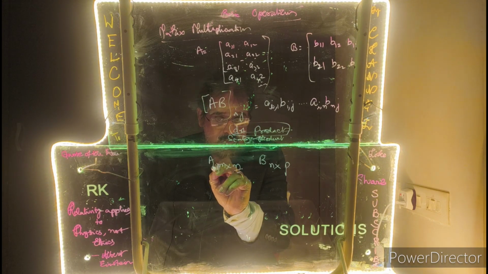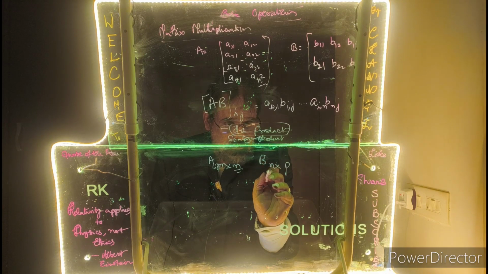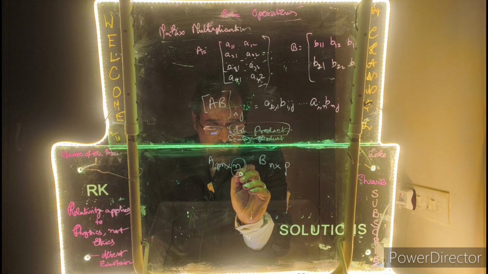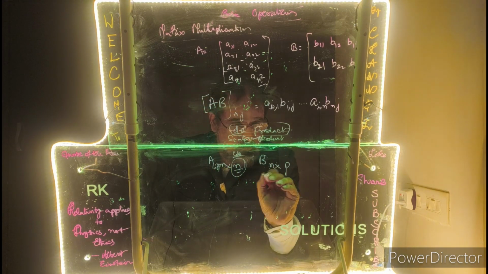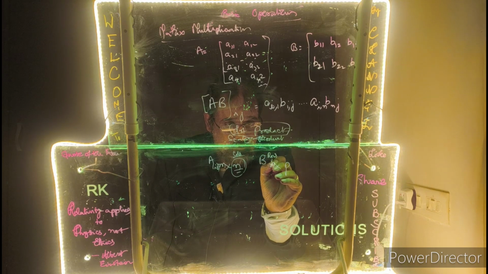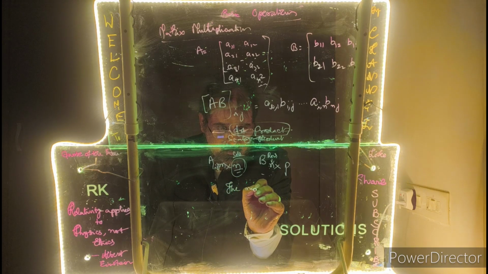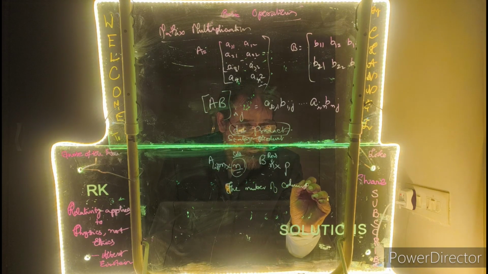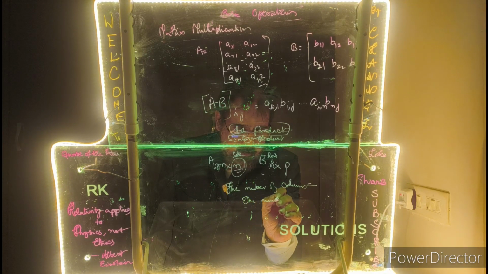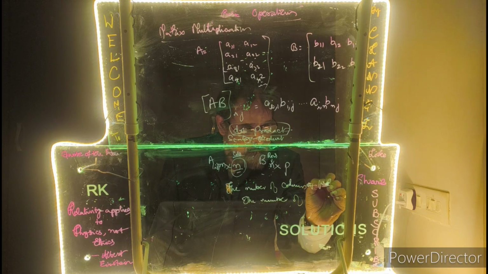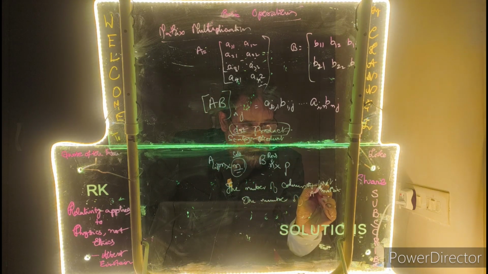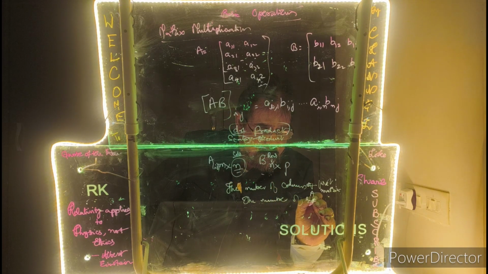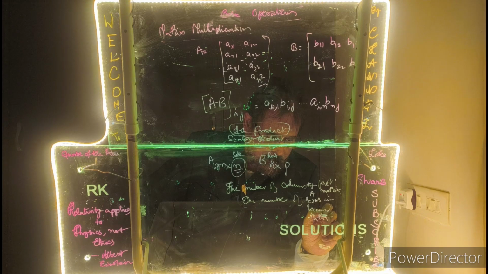So this n of A, the number of columns of the first matrix, should be equal to the number of rows of the second matrix. That is the basic condition.